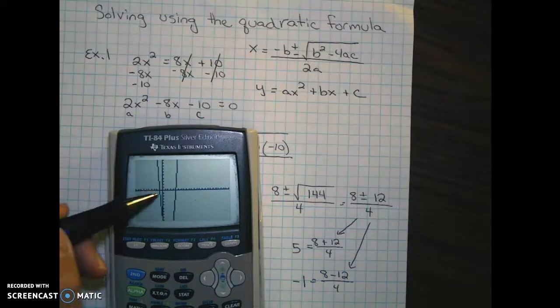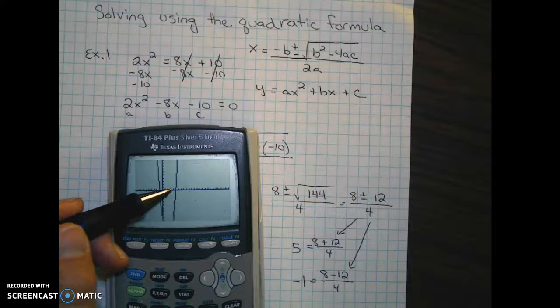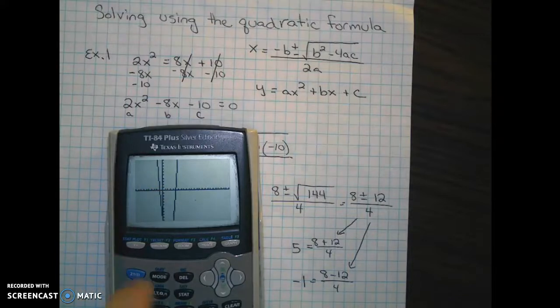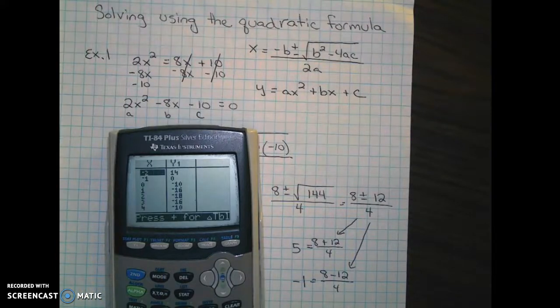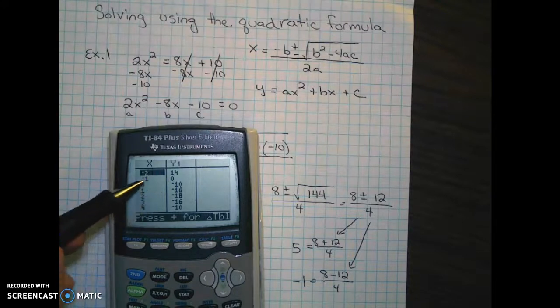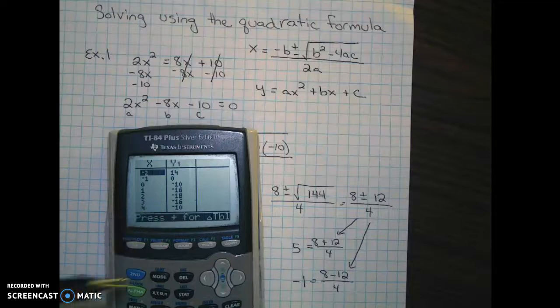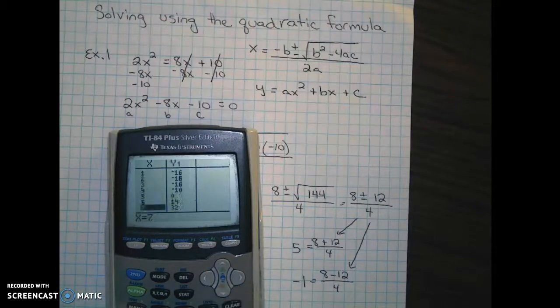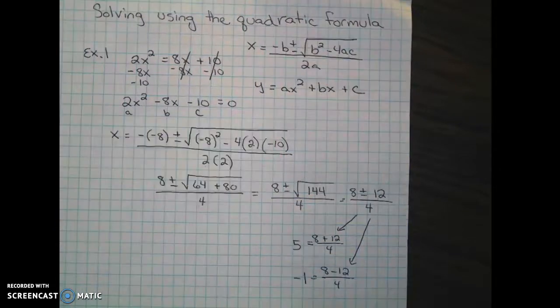We can see it crosses at -1 and it crosses at 5. We can also see it in the table. You can see the two zeros right here, -1, 0, and 5, 0. Okay, so there you have it. Those are our two solutions.